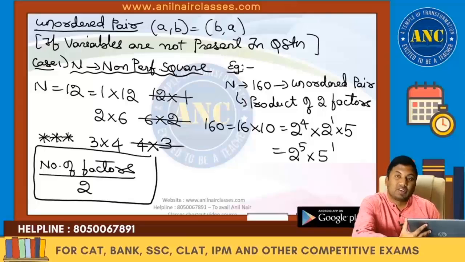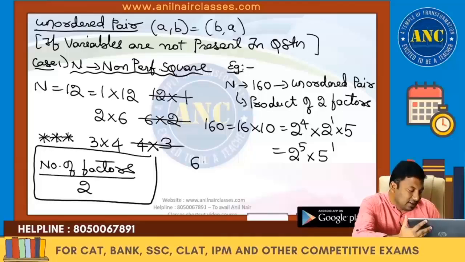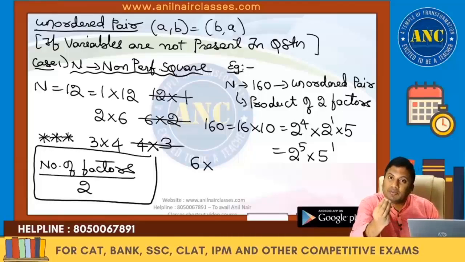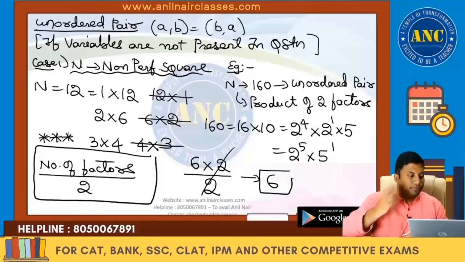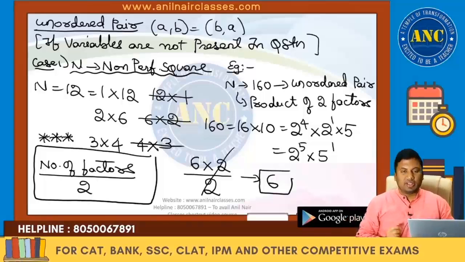Number of factors for 2 power 5 is 2 power 0 to 2 power 5, 6 cases. 5 power 1 is 5 power 0 to 5 power 1, 2 cases. Unordered, divided by 2. The answer is 6 cases.